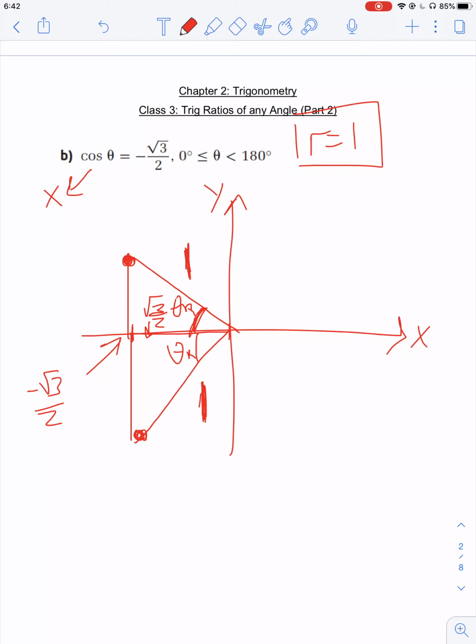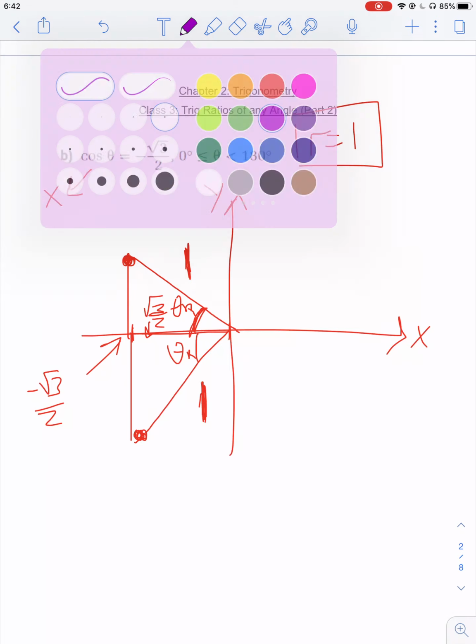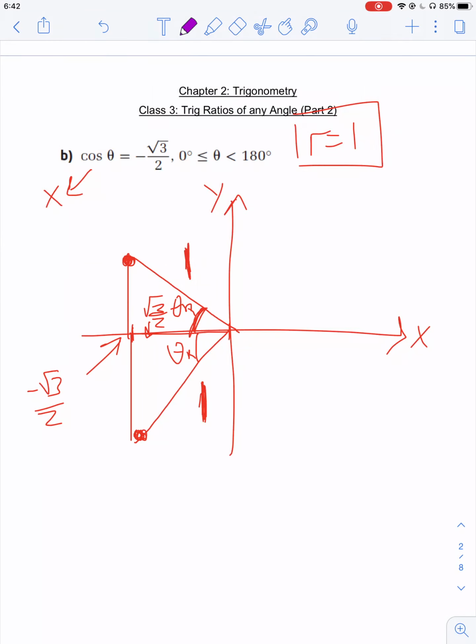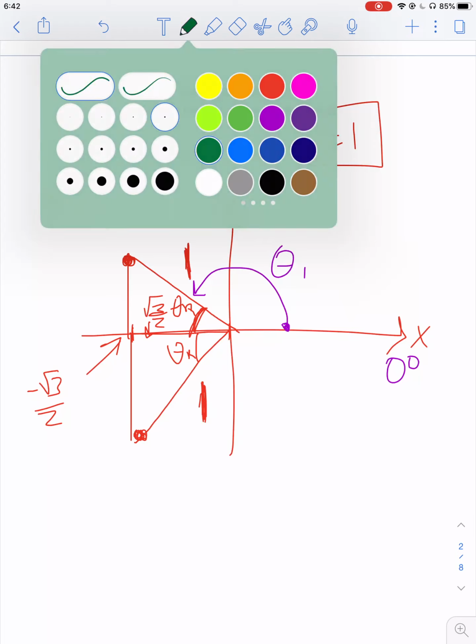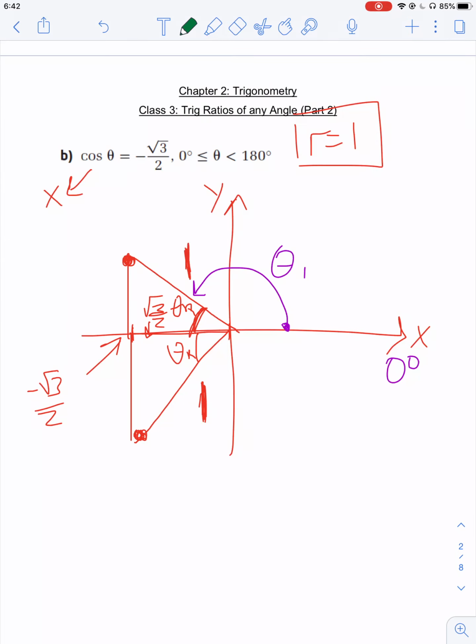So what are my two solutions? My two solutions will always be the standard angle. Standard angle starts at 0 degrees, which is this, right? So my first solution will start from here and go to my first terminal arm. So that's theta 1, okay? And my second solution, let's just do it this way. It's going to look really big, but I'm just going to do it this way.